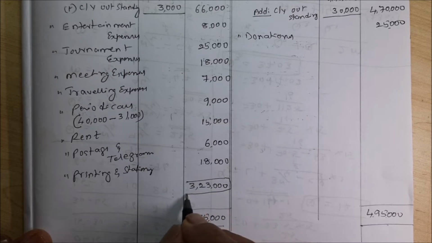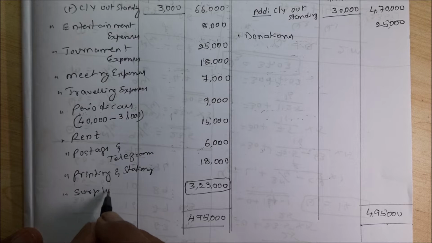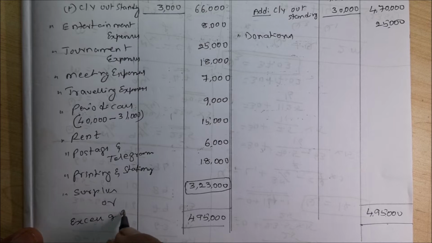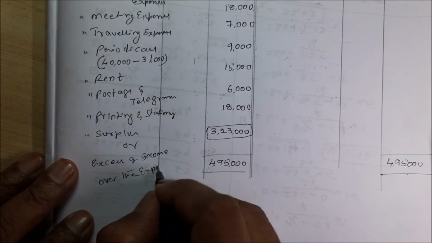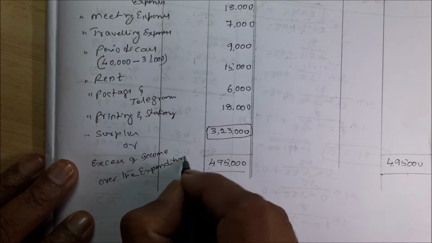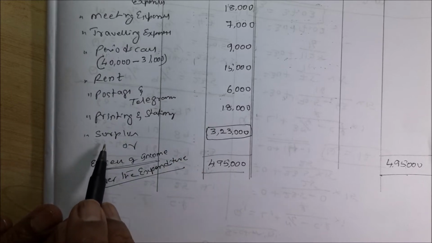3,23,000 is surplus. You call it as to surplus, or you can write excess of income over the expenditure. Easy way of writing is surplus.